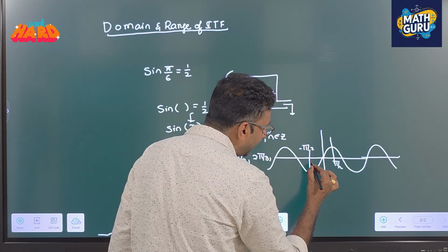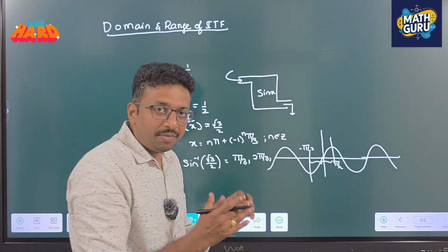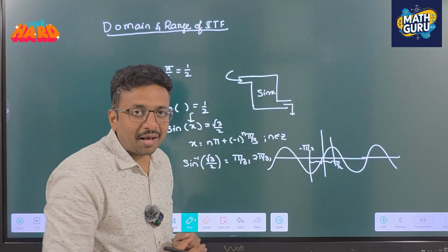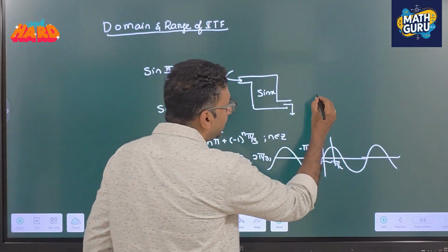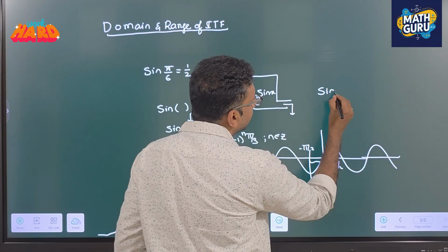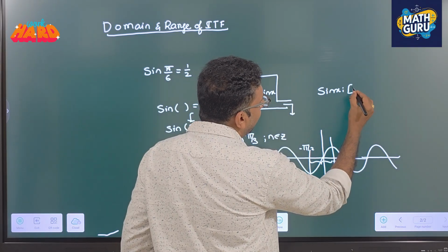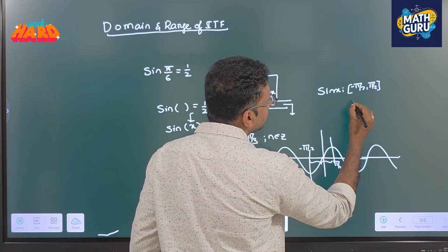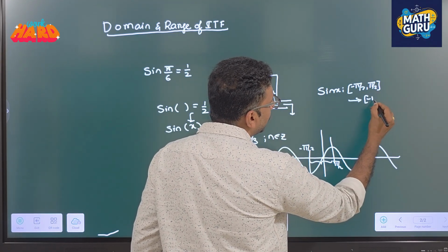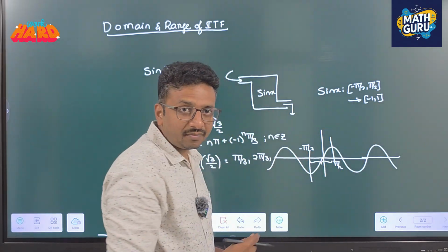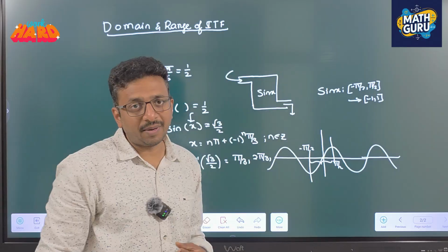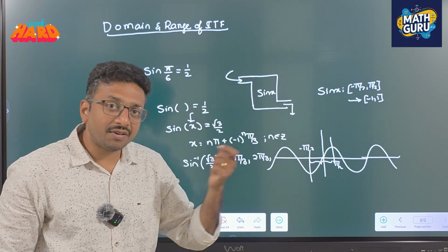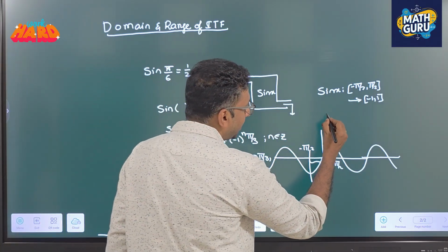We are taking only the sine function between minus pi by 2 to pi by 2. If you take only this arm, you can see that if you define sin x from minus pi by 2 to pi by 2 to minus 1 to 1, this function is a bijective function, and we define the inverse trigonometric sine, that is sine inverse x.